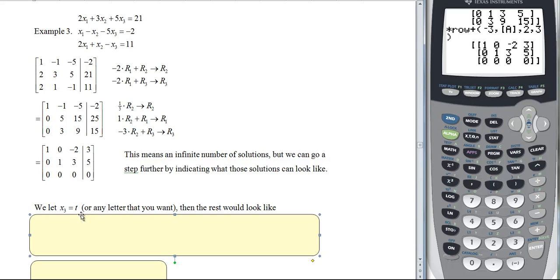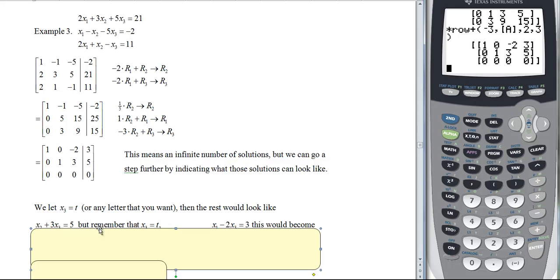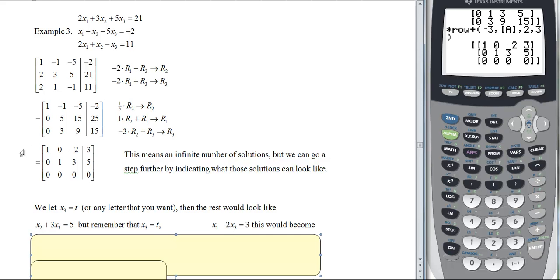But the rest would then look like this. X sub 1, I just went straight back up. X sub 2 plus 3x sub 3 would equal 5. Remember that x sub 3 is equal to t. X sub 1 minus 2x sub 3, notice this is my first equation up here, would equal 3.